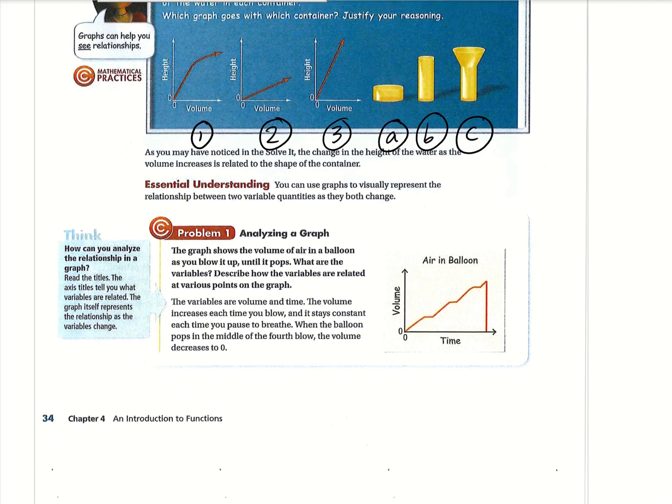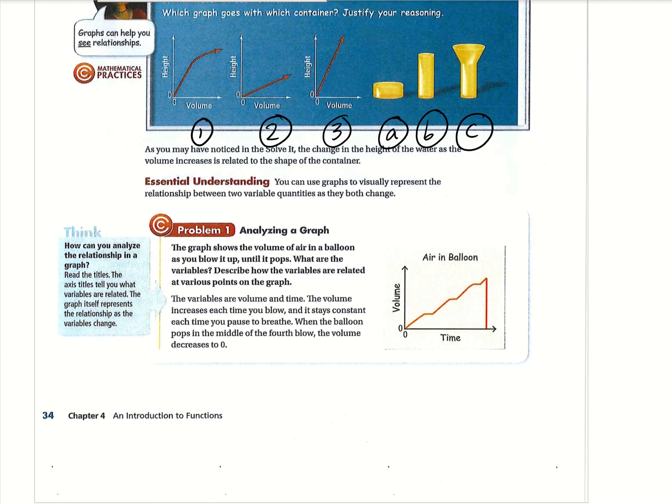They just kind of give us the answers, but it says the variables are volume and time. So there's volume, there's time. Just like you're used to, whether it be in math or science, you've got your variables on the X and Y axes. The volume increases each time you blow.